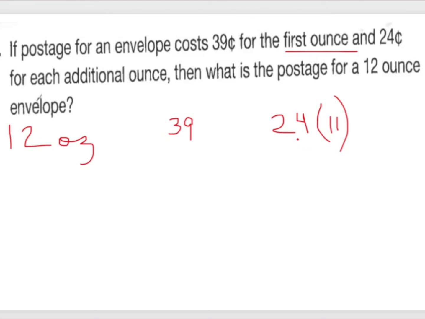So 24 times 11 would be 24 and 24 added together is 264, plus the 39.